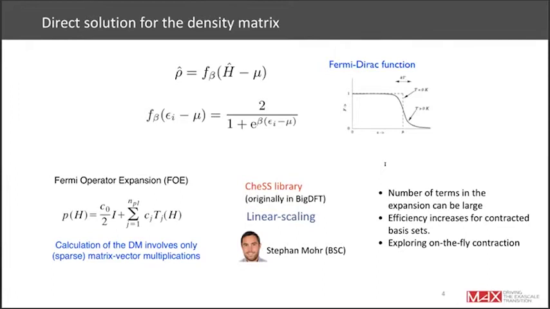It's not very much used still because we are working towards enhancing even more its performance by exploring on-the-fly construction of the basis set. Because the number of terms in this expansion depends ultimately on the number of basis set that you're using, through the size of the spectrum that you are solving for. This is a technical point, but this is an important step in the solver portfolio in SIESTA.